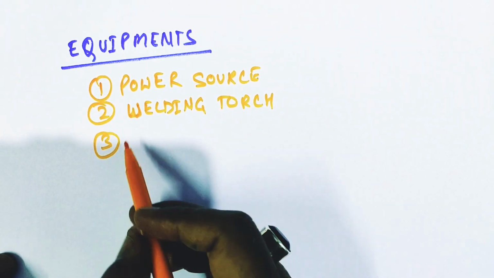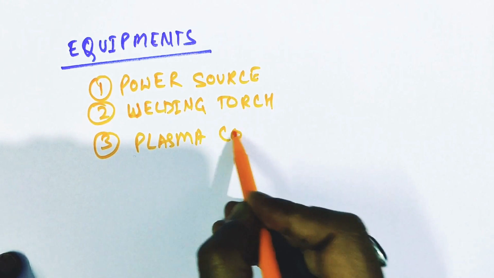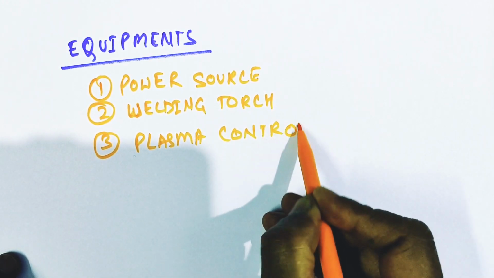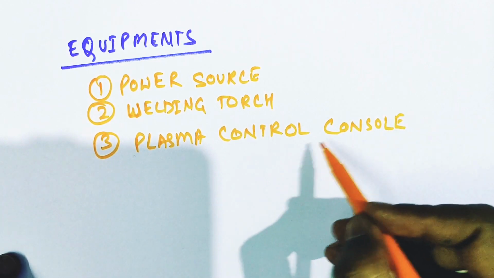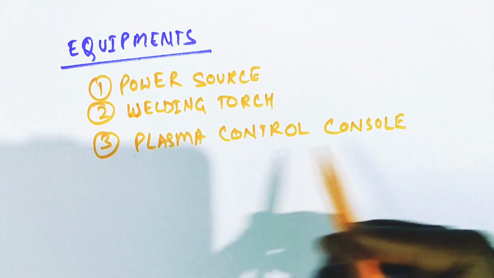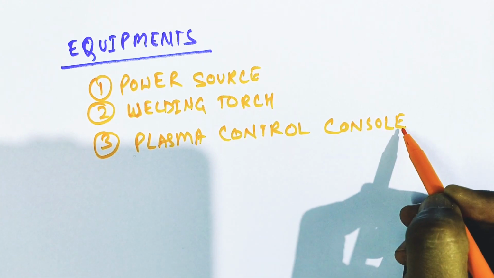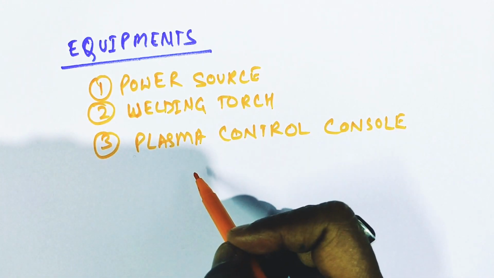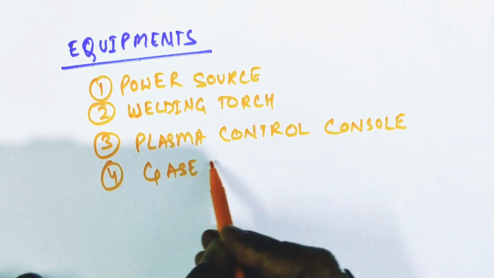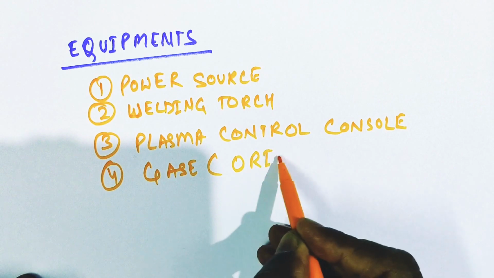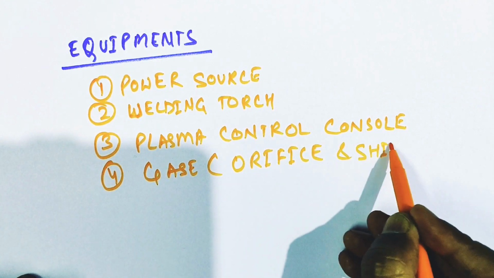Third one is plasma control console. This one is also called the heart of the plasma arc welding, and it controls very important features of the plasma arc welding. Fourth one is the gases, orifice gas and shielding gas.